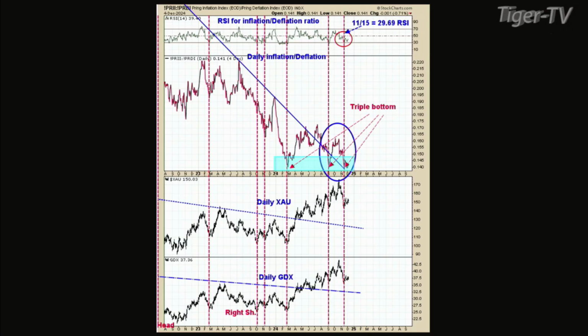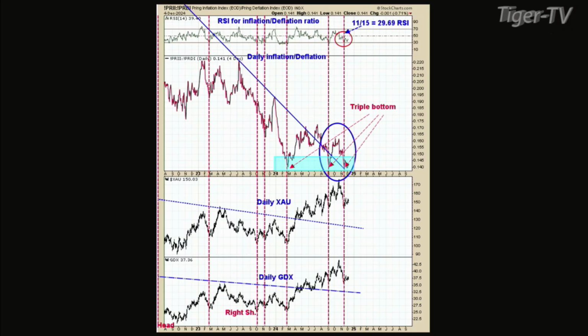So downside on GDX is extremely unlikely, I'll put it that way. We're at another low, even though the market has popped up a couple of points. It's kind of going sideways here, GDX and XAU both. It does appear an intermediate term low is forming here.